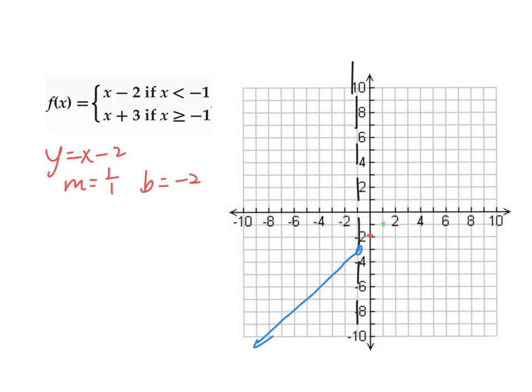Here's another way to do it. Instead of moving to the right like we did with the slope, I can actually change the slope and make it work for me. I can go down 1 from here and left 1. And notice I put an open circle there because on this line, x equals negative 1, it doesn't actually count. And I just kind of keep going.